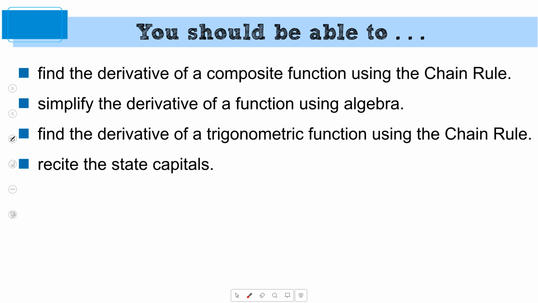And you should be able to recite the state capitals. Anybody? Josie, you think so? No? If I had a map that's cheating, the state capitals would be on the map. Wait, hold on. So you're saying you can recite the state capitals, you just can't remember the states. No, I know the states.